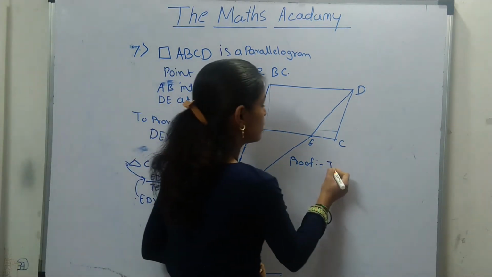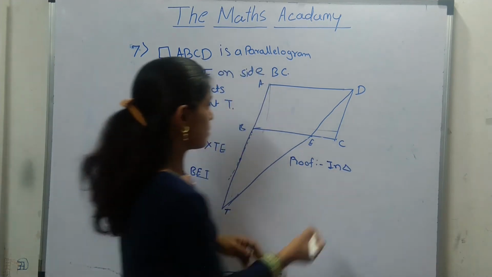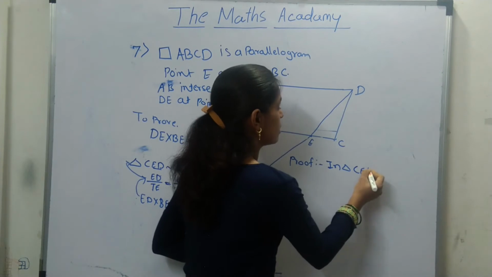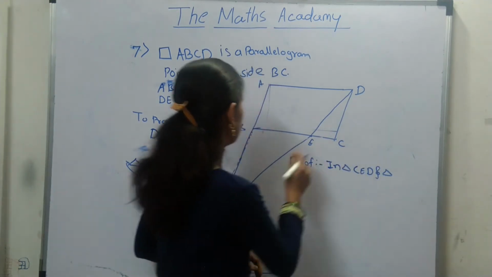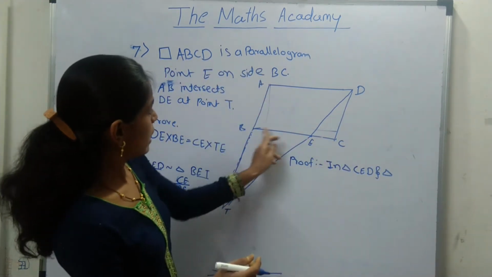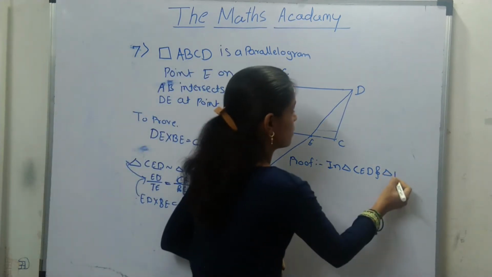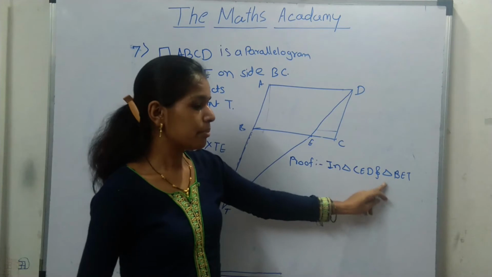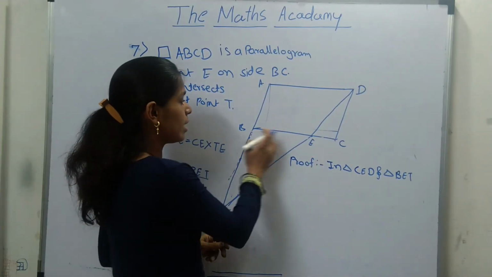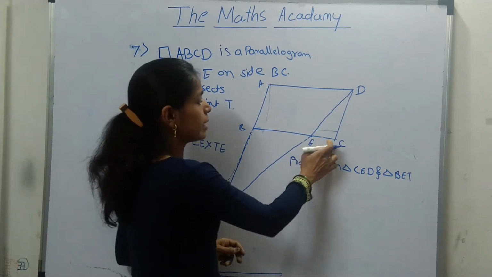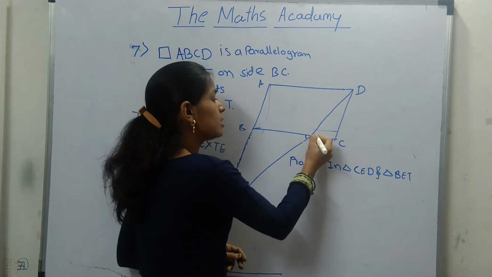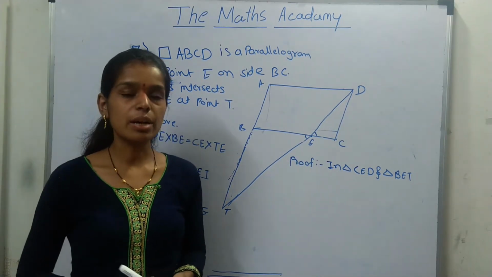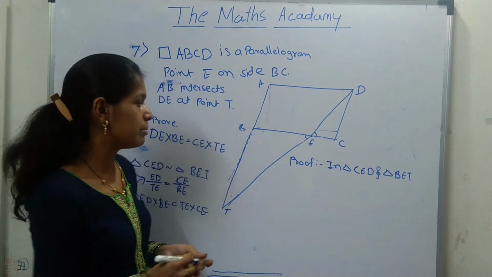In triangle CED and triangle BET. See here, angle BET and angle CED are the vertically opposite angles, and we know that the vertically opposite angles are equal in measure.